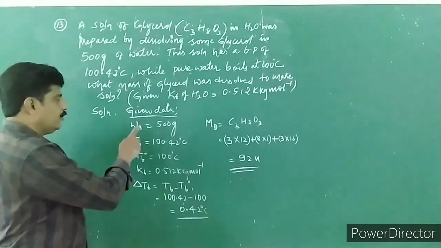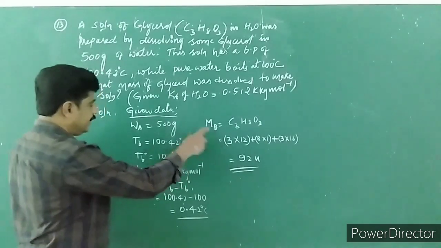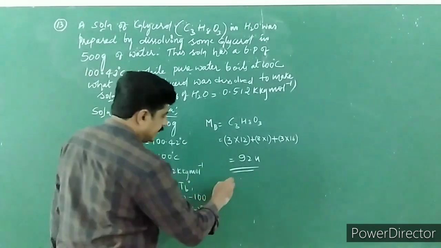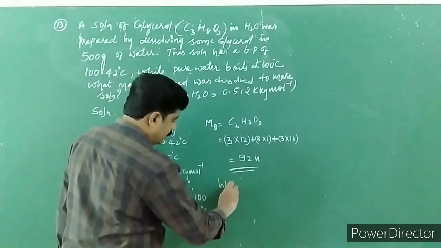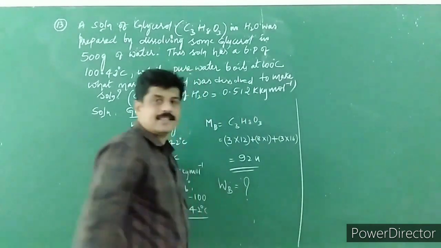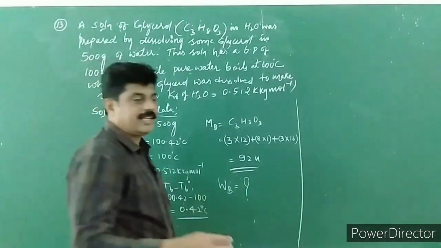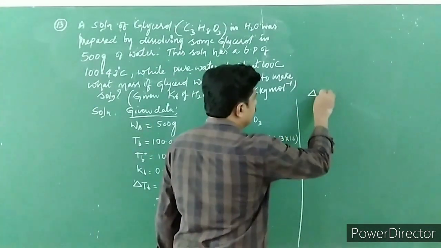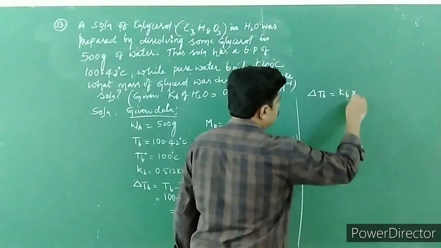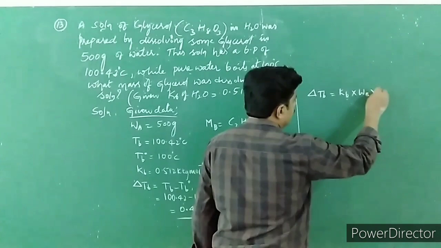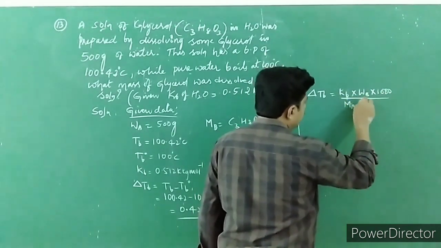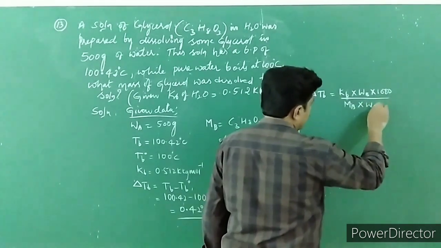That means you know Wa, Mb, Tb, Tb naught, Kb, delta Tb. What are they asking? They are asking to find out Wb, is it not? Now you know the expression. What is that? Delta Tb is equal to Kb into Wb into 1000 upon Mb into Wa.